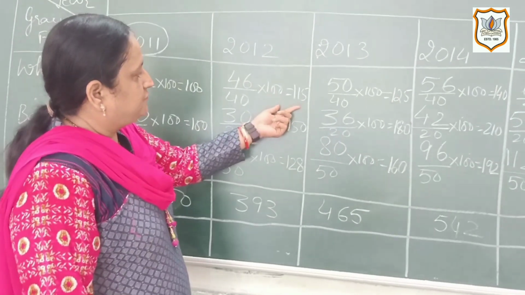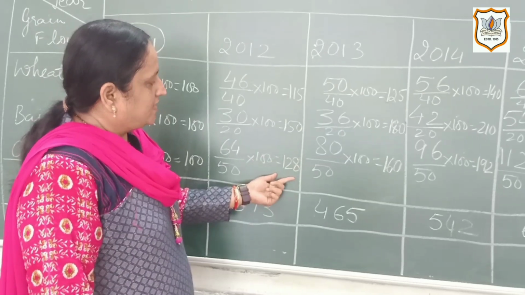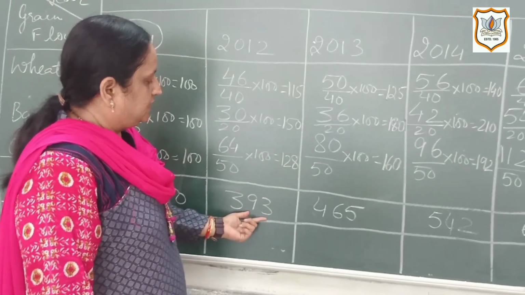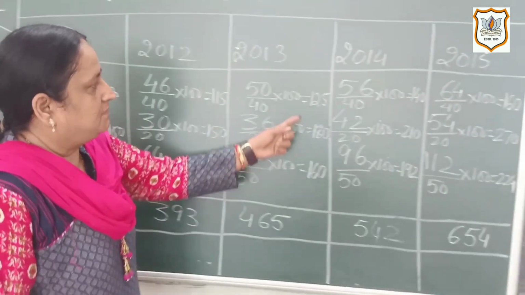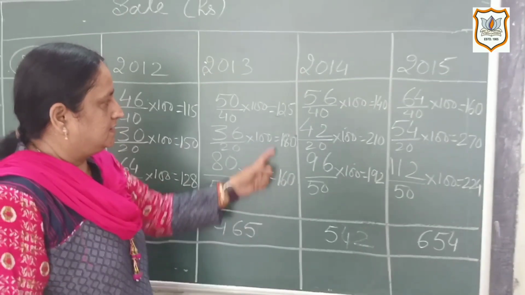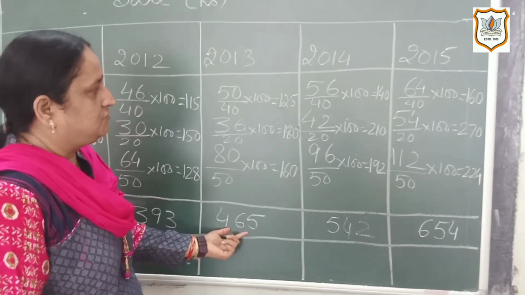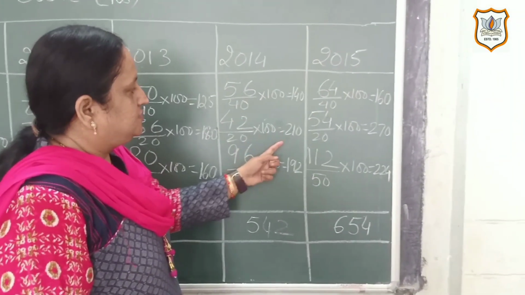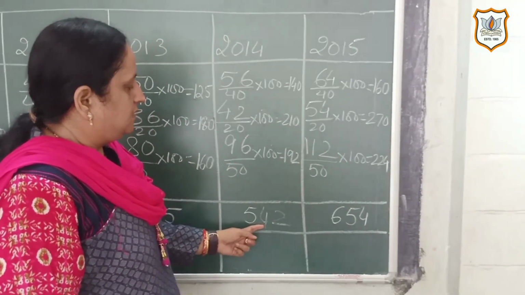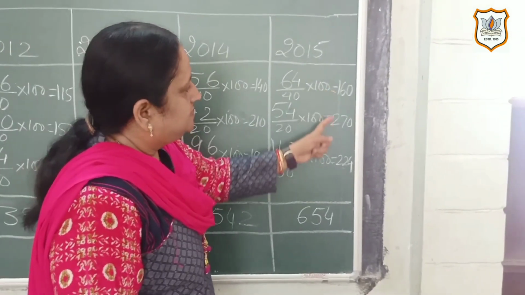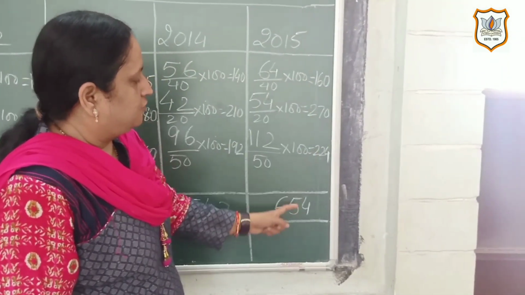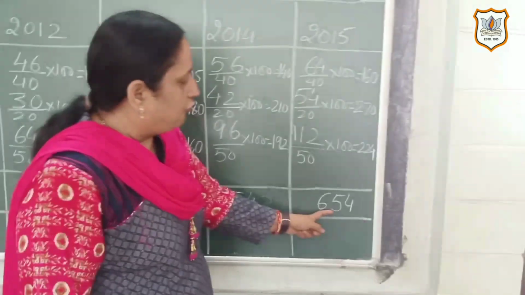Similarly, 115, 150, 128, the total will be 393. Similarly, for these three values you will get about 465. 140 plus 210 plus 192 will be 542. 160 plus 270 plus 224 will be 654.